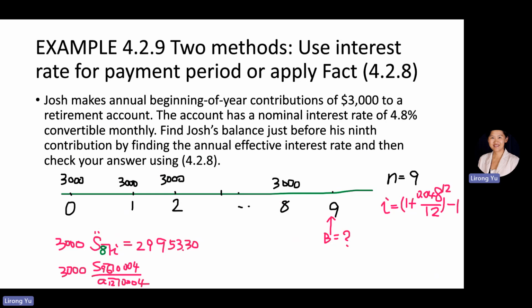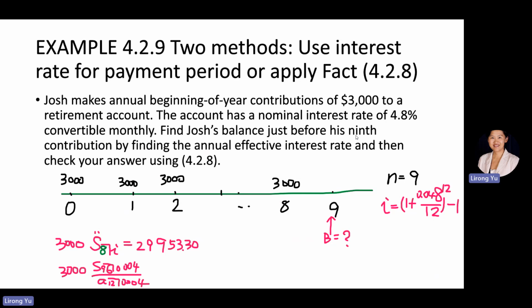Now, in the bottom part, we're looking at using the formula that we learned in chapter 4. We're calculating annuity due, so the denominator should be AK and the numerator should be SN. In this case, the N should be the number of interest periods. With a monthly interest rate, every year there are 12 interest periods, and we're talking about 8 years before the ninth contribution.